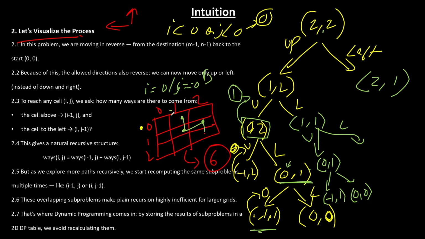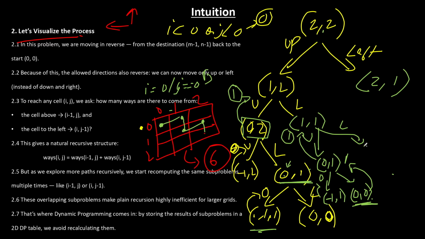And from here you went to 0 comma 0. This makes one path from this part, because this returns 0, but this returns 1 because it is at 0 comma 0. If i is 0 or j is 0, at the end here both are 0, so it will return 1. Okay, so this will go back here with 1.